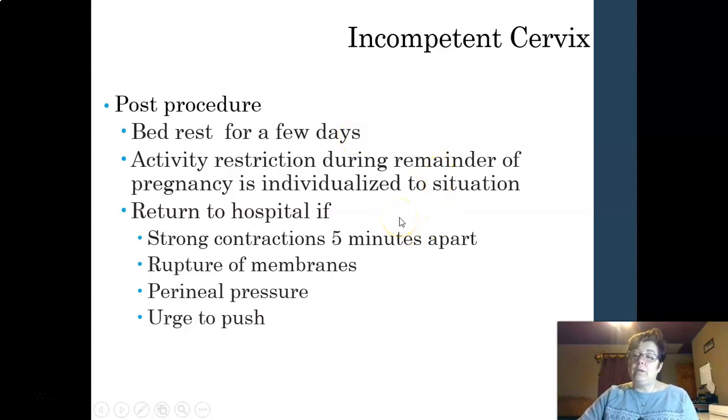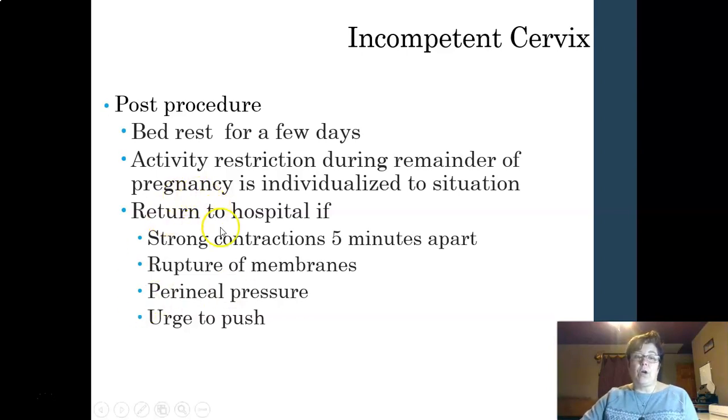What we do want to make sure that we tell her is because by stitching the cervix, it sometimes can initiate contractions, initiate a miscarriage. It's not 100% fail-proof or without risk.